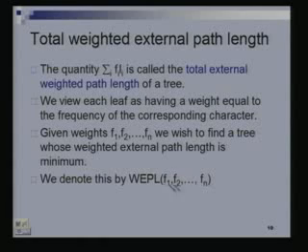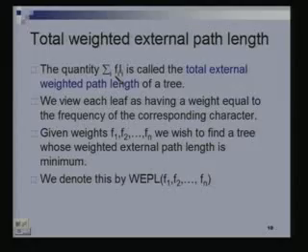So given n leaves with weights f_1, f_2, f_3, ..., f_n, your problem is to build a binary tree whose leaves will be these n leaves and which will have the minimum total weighted external path length.